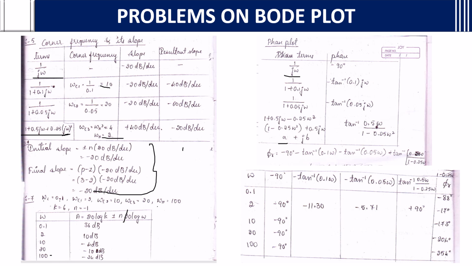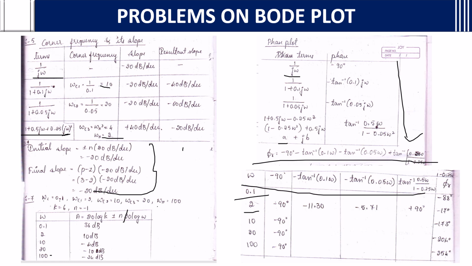After writing, you will add all these things. You will just find the formula, and you will find the values for different omega values, whichever you got as a corner frequency, and if you want any extra also you can take, so that the curve will be smooth. Then you will get the final phase angles.